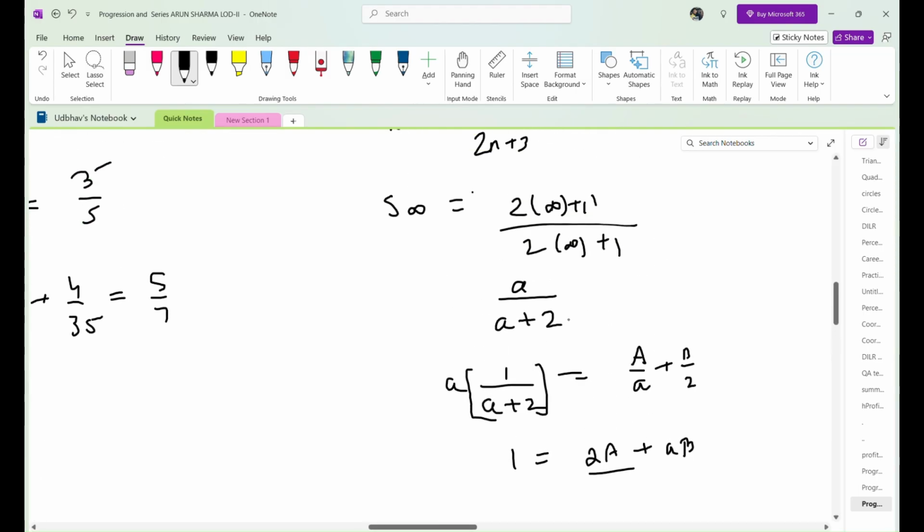It's gonna be 1 minus 1 upon a plus 1, a plus 2, a plus 2 minus 1 upon a plus 2.